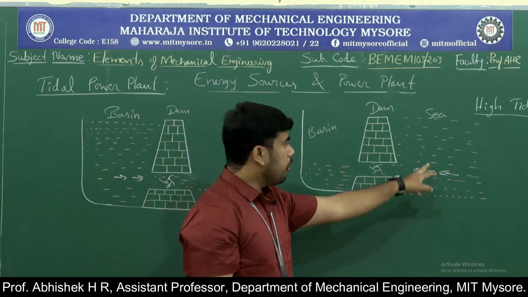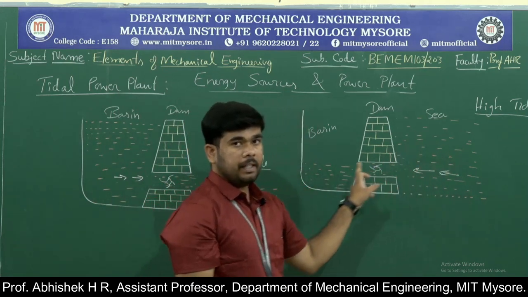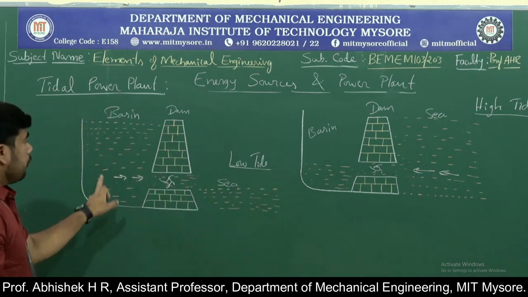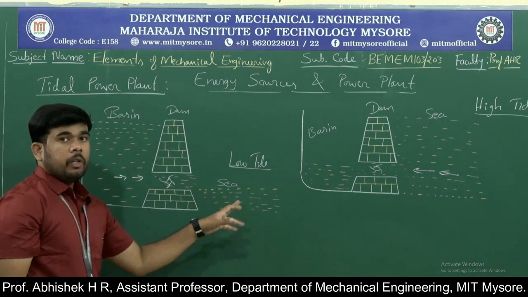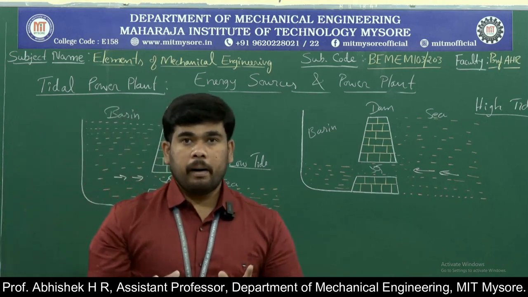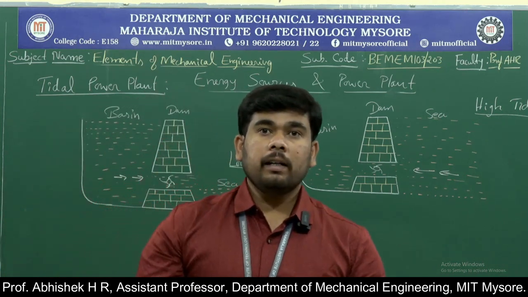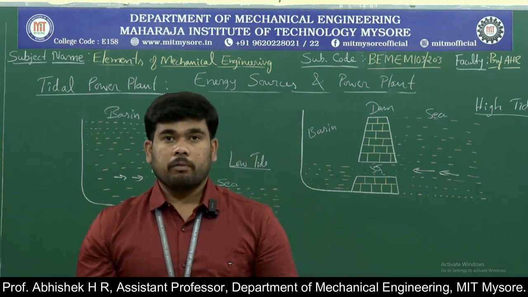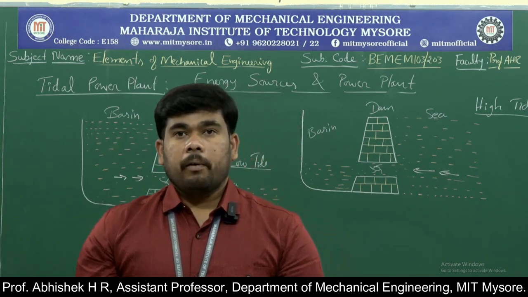During high tides, water flows from the sea to the water basin, and during low tide, water flows from the water basin to the sea. In both cases, the turbine rotates and generates electricity. So this is the working principle of the tidal power plant.